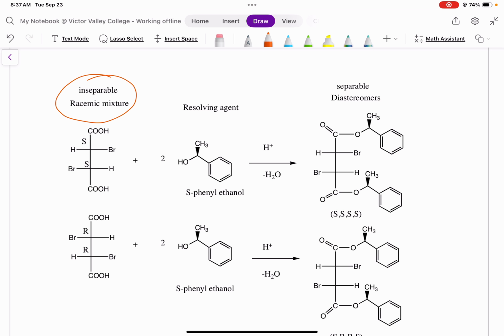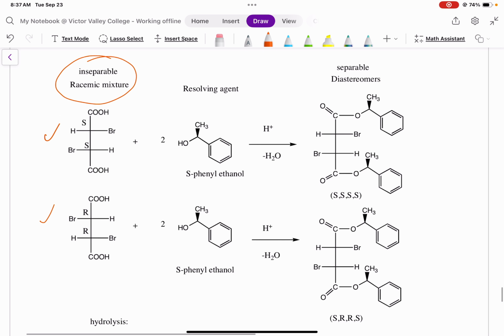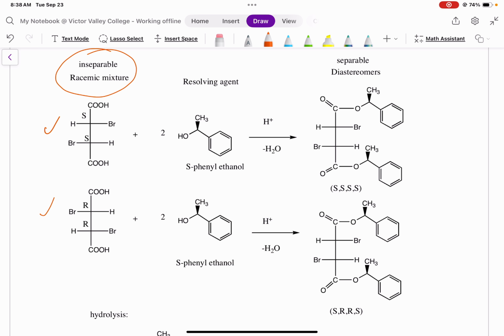If you have SS or R, okay, or you have one S, one R, now they are so alike that it's really hard to separate them.